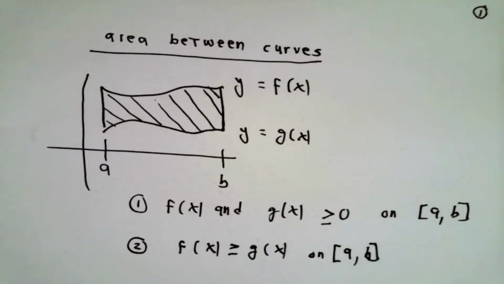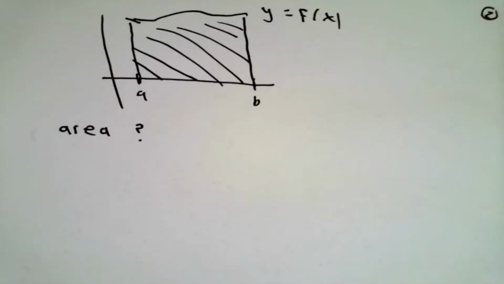What we want to do is to calculate the area of the indicated region, and given these two assumptions on f and g, that's not very difficult. Momentarily, let's ignore the presence of the g function and think only of y equal f of x.